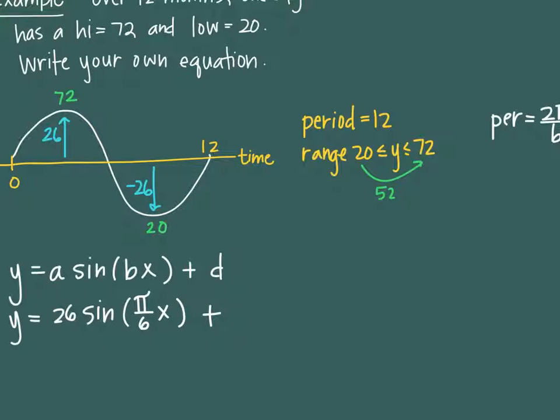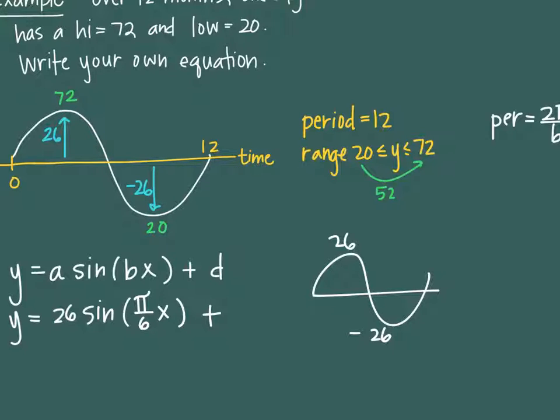D is the shift. D is the shift which took this thing normally from being 26 and negative 26 and bumped it up to the position of 72 and 20. So if the amplitude is 26, but I'm supposed to get all the way to the number 72, how much do I have to add? How much would I have bumped this whole thing up?